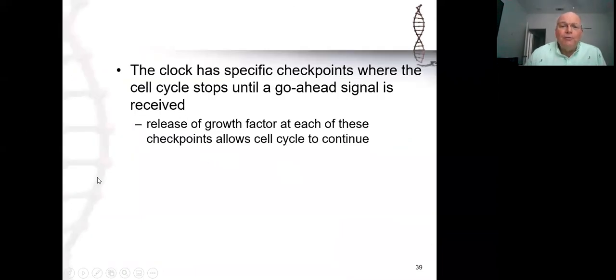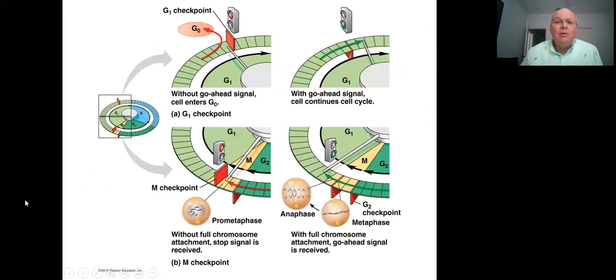So the growth factors are what control the passage of the cell past these checkpoints. So as I said, the chief checkpoint is the G1 checkpoint. So once a cell gets to the G1 checkpoint, if it is not able to get through the G1 checkpoint, rather than dying, it enters a new stage which we've defined as G0, and G0 is this maintenance stage.